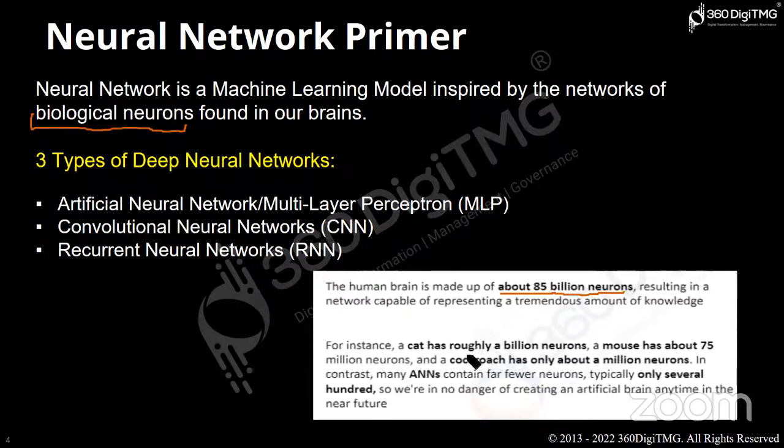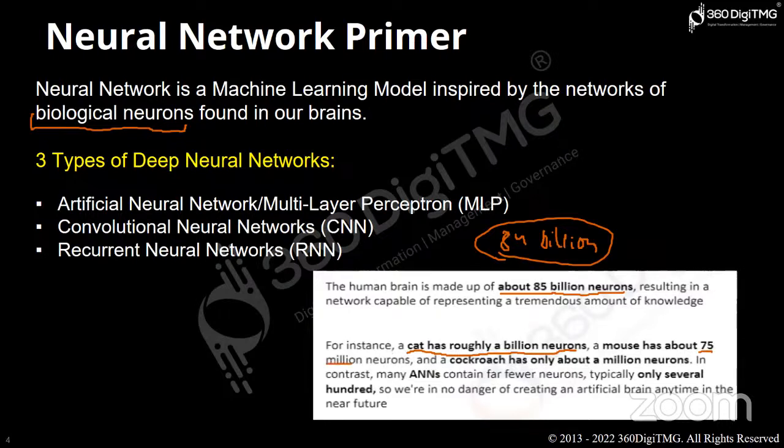A cat has roughly 1 billion neurons. You can already see the difference is 84 billion. So the amount of information a cat can process is far less than what a human can process. A mouse is even less. A mouse has 75 million.